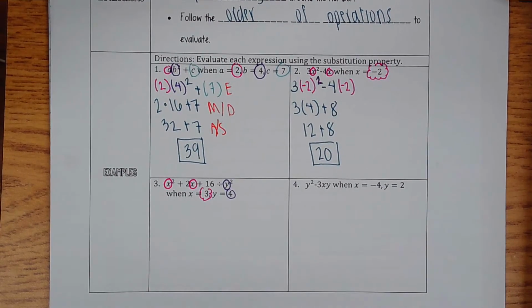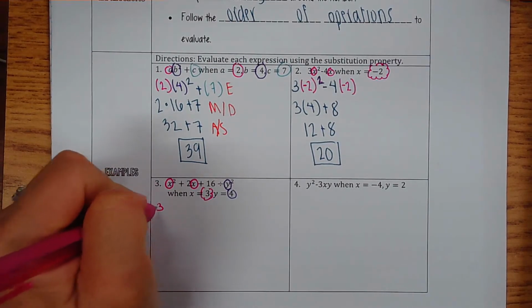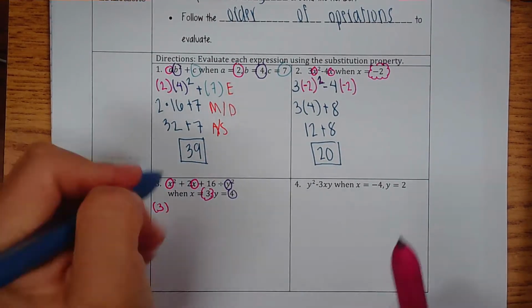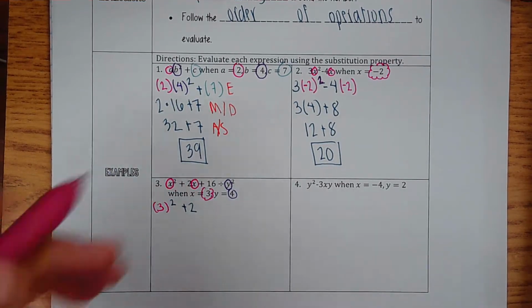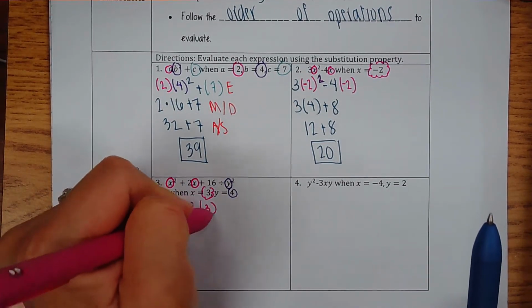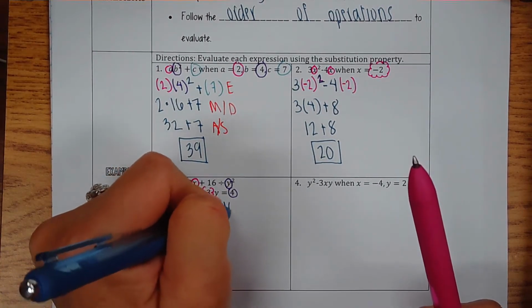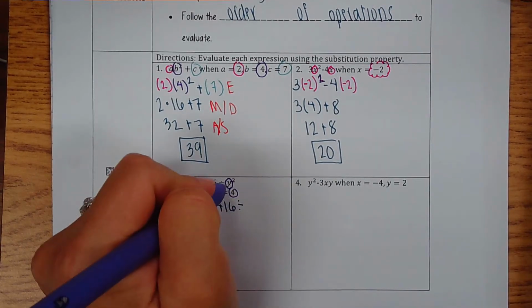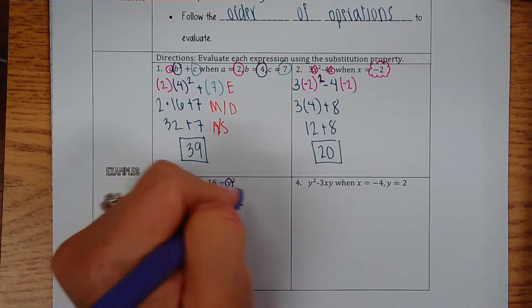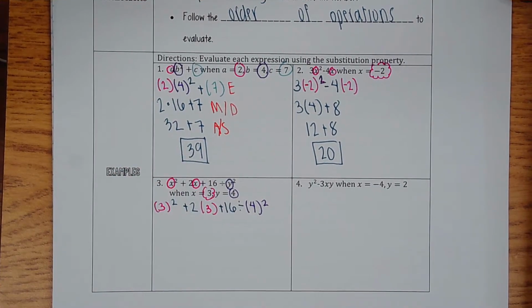All right, so we're going to write this problem down now. So we're going to do 3 in parentheses, and remember that was squared, plus 2, and now times 3 again, because that was our other x value, plus 16 divided by, and this was our y, so our y is 4. 4 squared.